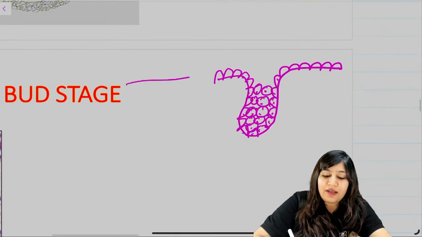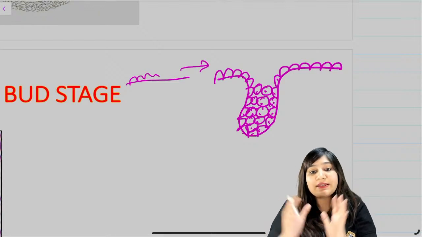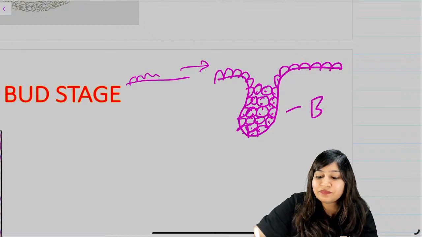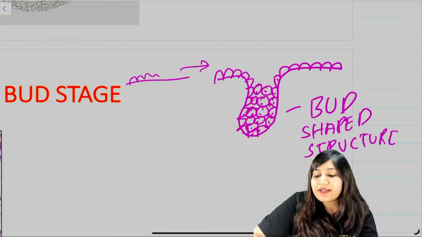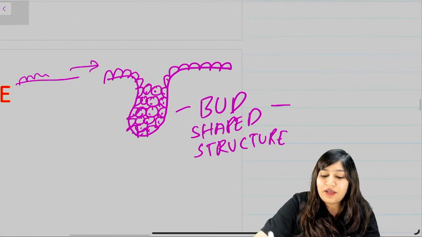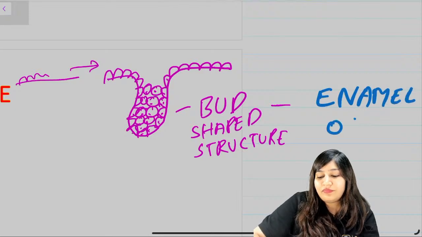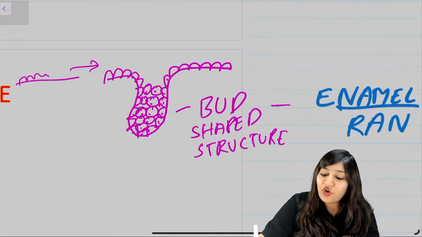So the ectoderm, because of the proliferation of the basal cells, has received which shape? Bird shape. It forms a bird shaped structure, and this bird shaped structure is our enamel organ, derived from what?